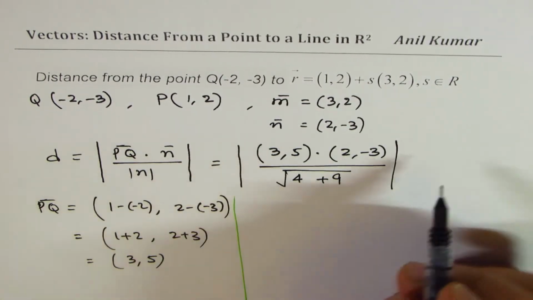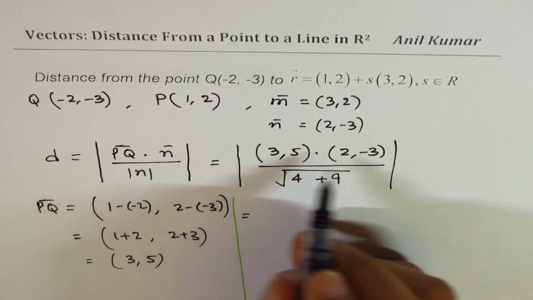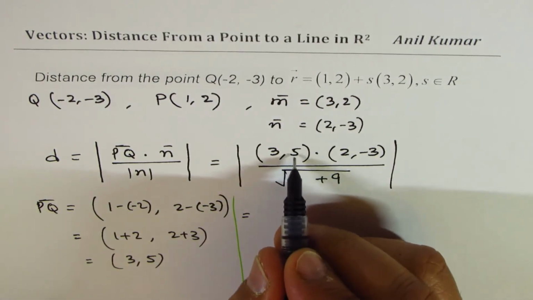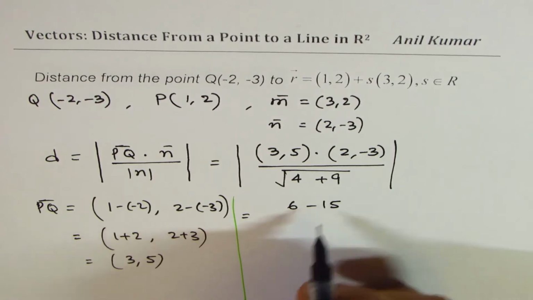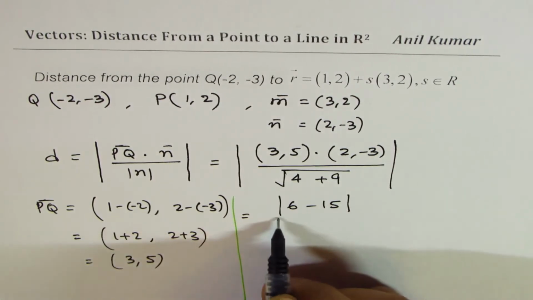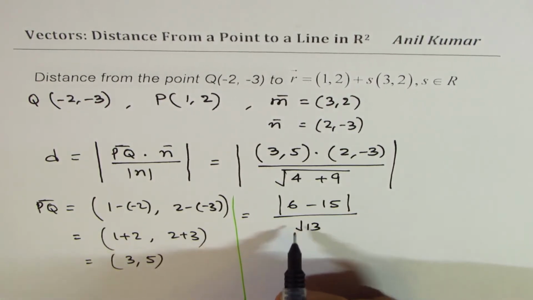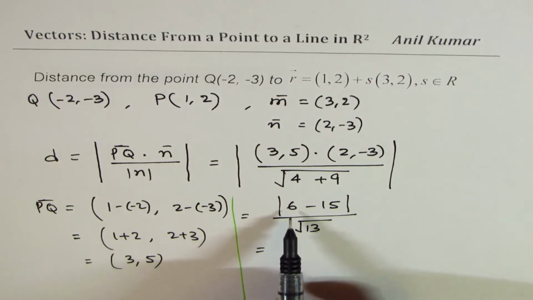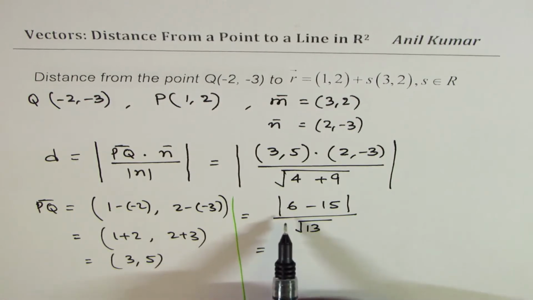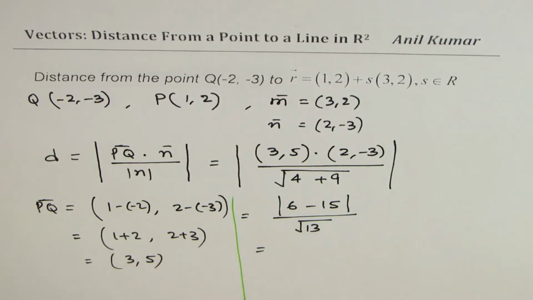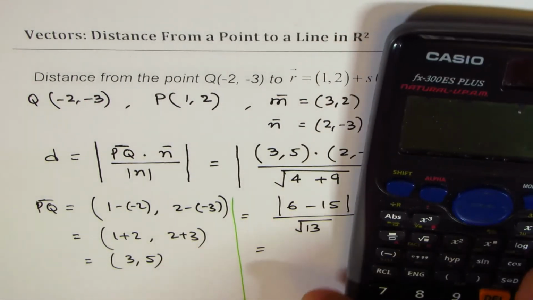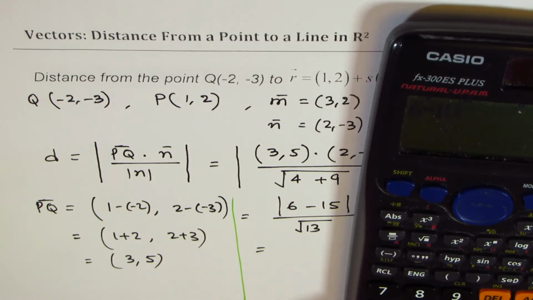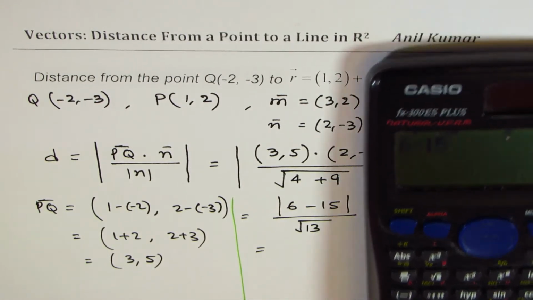And now we can write this as 3 times 2 is 6, 5 times -3 is -15, absolute value of this over the square root of 13, correct? So we get 6 minus 15, which gives you a negative value, -9.